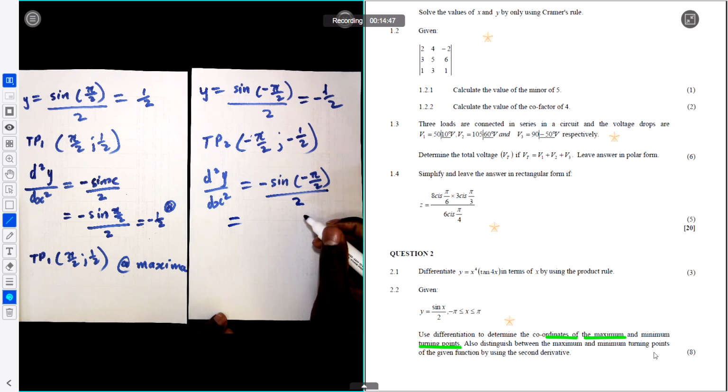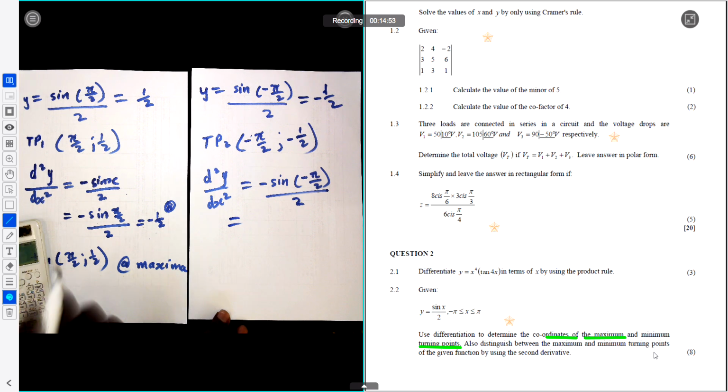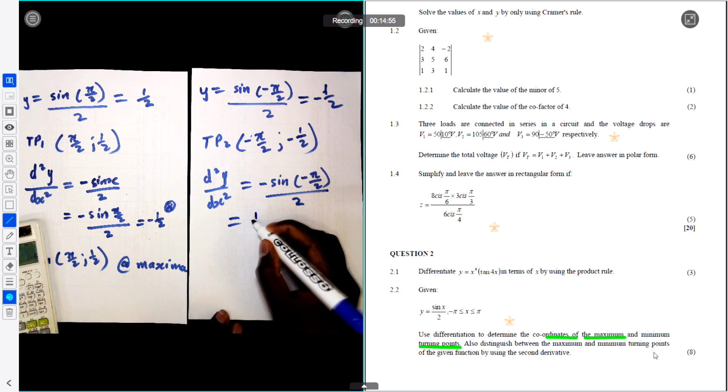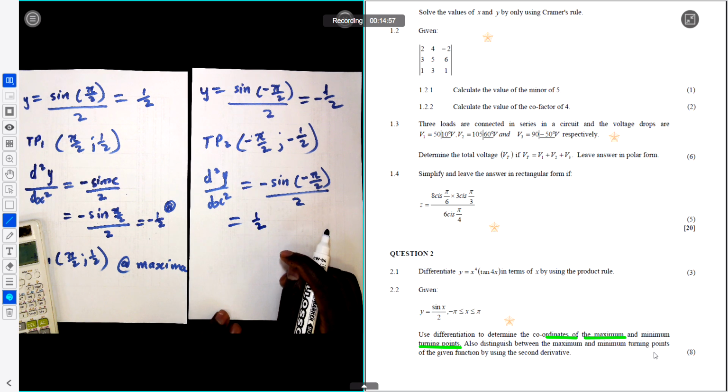From there, we know the answer is going to be negative 1 times the negative, which is going to be positive. So we're going to have a positive half.